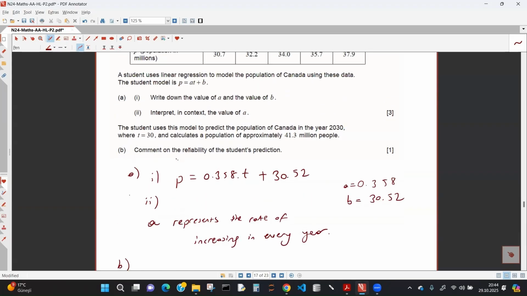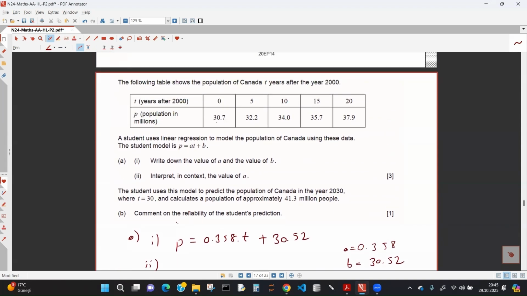Question B. The student used this model to predict the population of Canada in the year 2030, where t equals 30, and calculates a population of approximately 41.3 million people. Comment on the reliability of the student's prediction. This model is useful in this range of data.